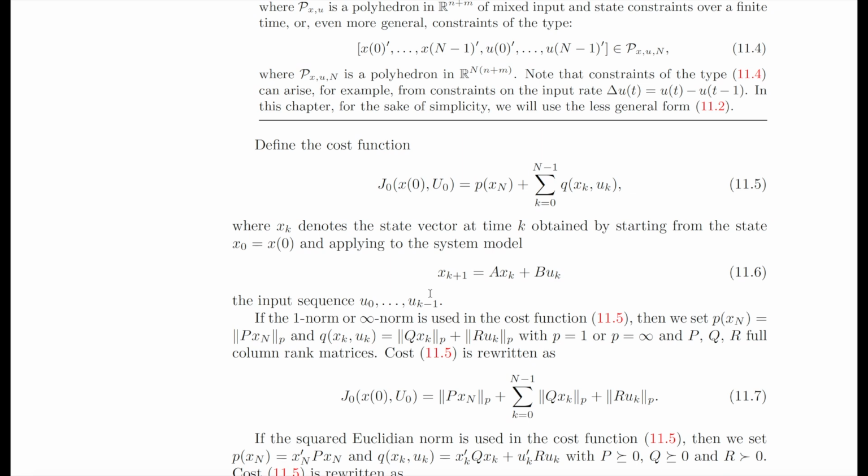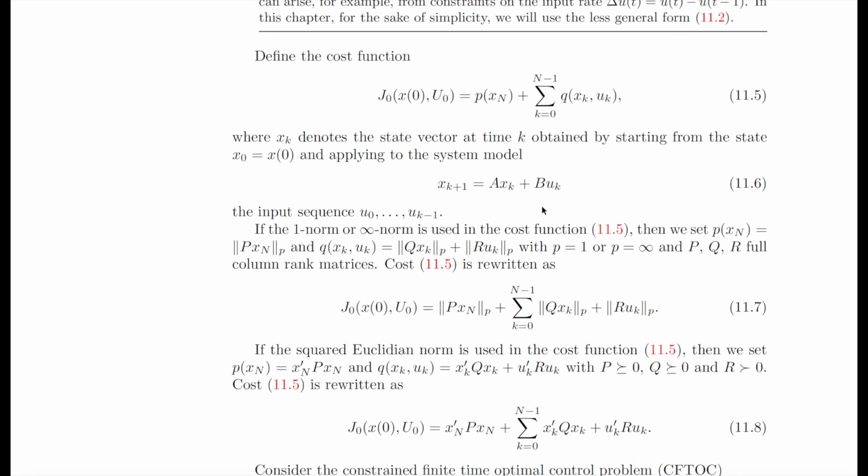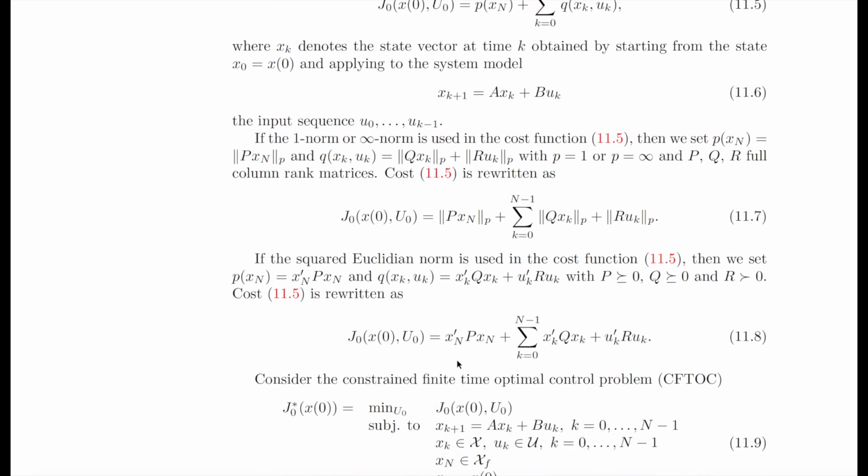So remember, the cost function is a terminal cost term and some terms. We can find different formulations using different norms, one norm, infinity norm, or squared Euclidean norm. We will take this one for this problem because this is what we want.